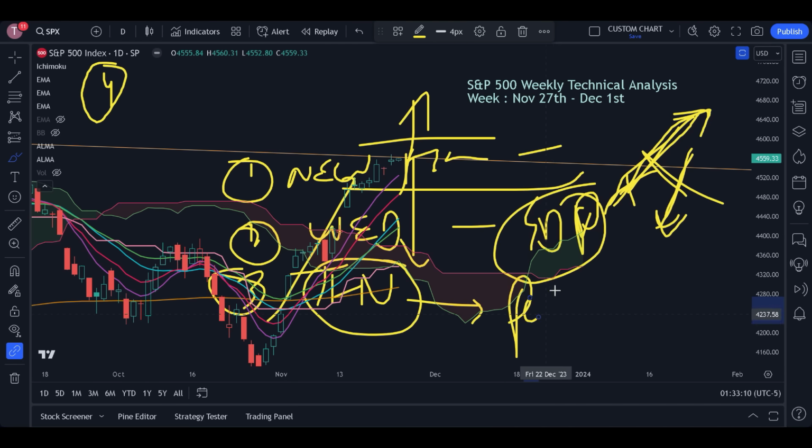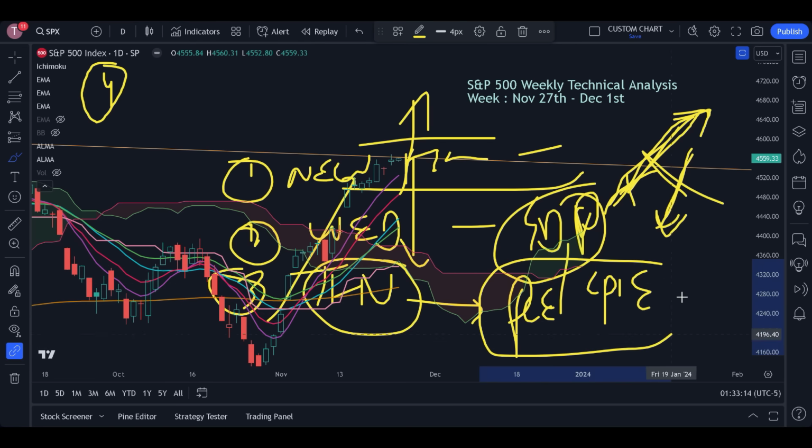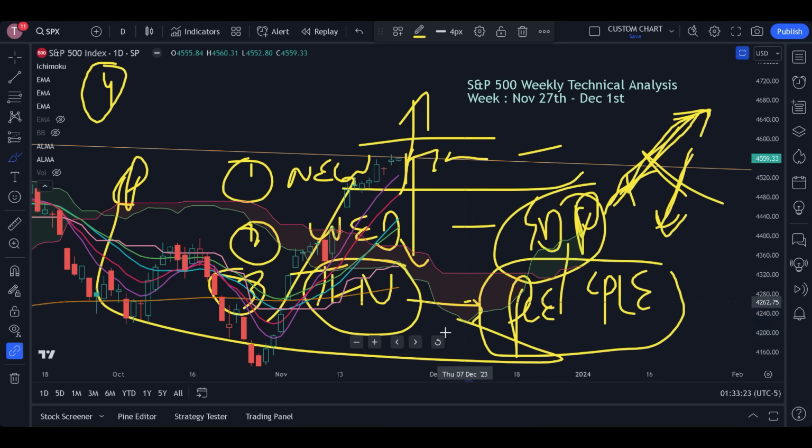Because on Thursday the PCE data and the core PCE data will be published, personal consumption expenditure and core personal consumption expenditure. After the CPI data, this is the second most important data. The Feds primarily consider core CPI and core PCE, the two most important data that we know.